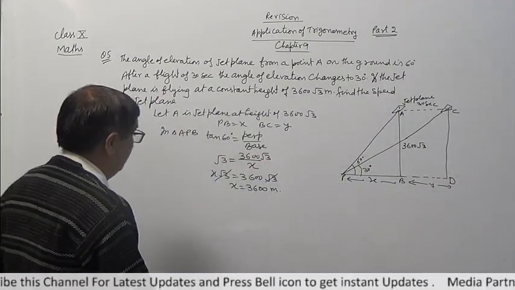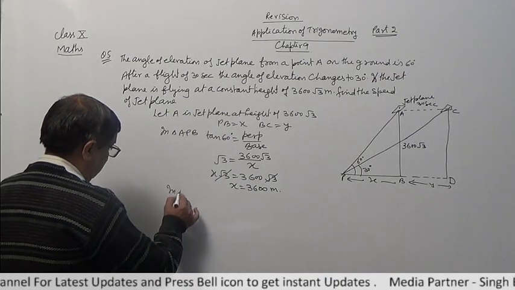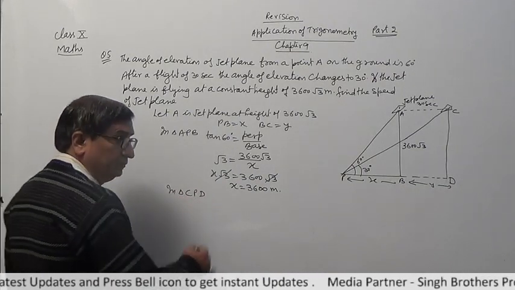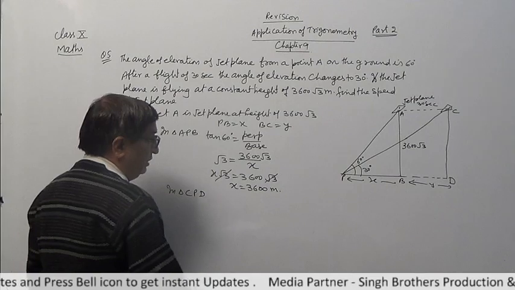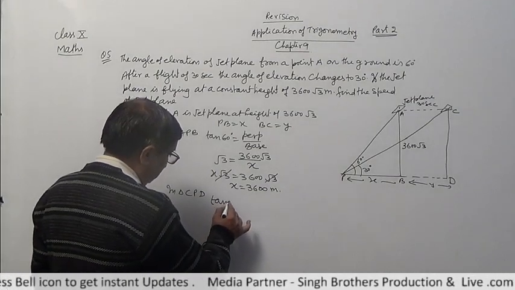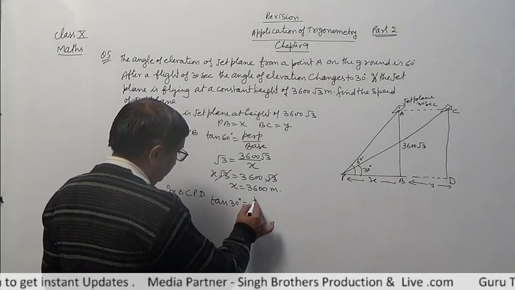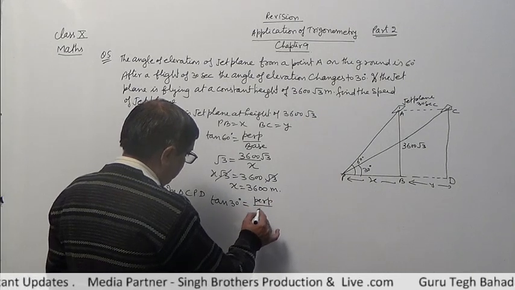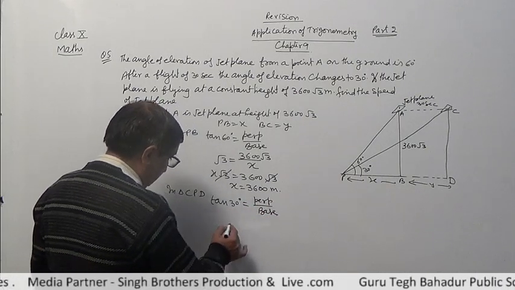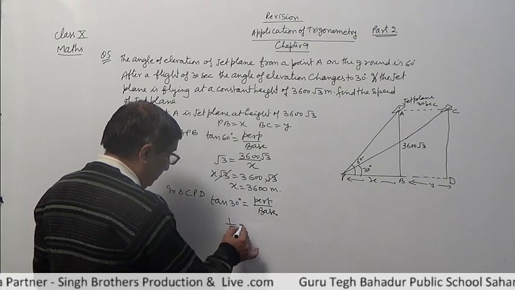In triangle CPD, tan 30 degree is equal to perpendicular upon base, 1 upon root 3.